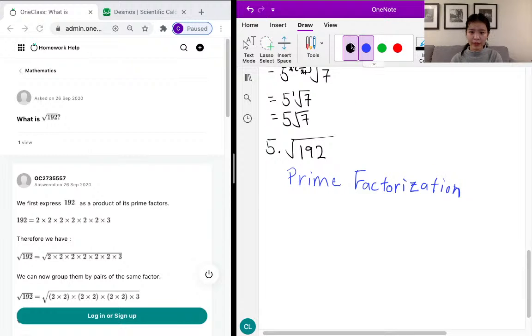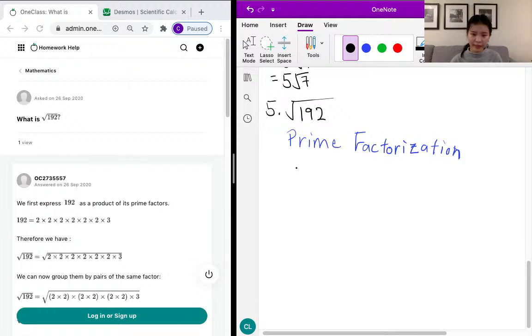We use prime factorization, and the most obvious prime factor of 192 is 2. Why? Because any integer ending with 0, 2, 4, 6, or 8 has 2 as one of its factors. So we know 2 is a factor of 192.